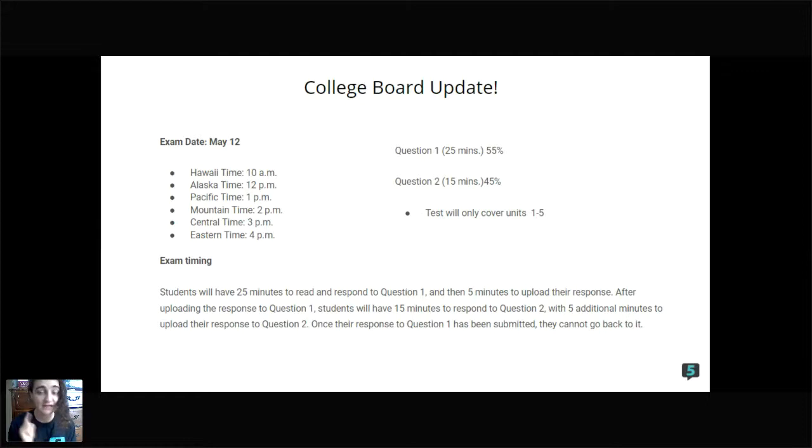So check in with that. If you didn't receive any emails from the College Board, go back to your College Board settings and make sure that the email connected to your College Board account is the same email you're using right now. You should be able to confirm the date before May.